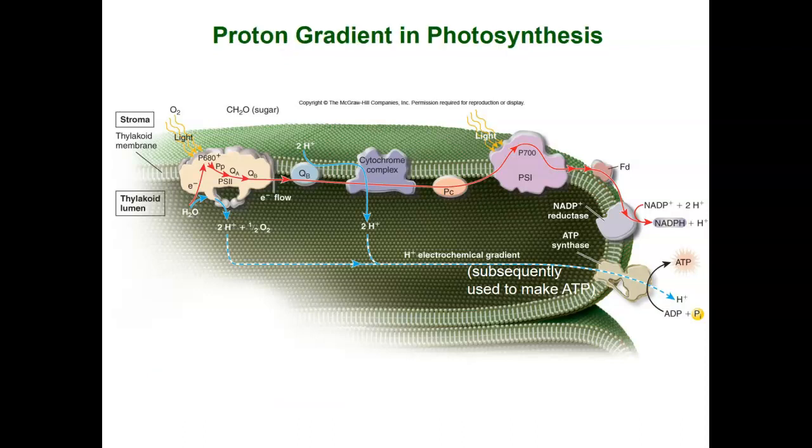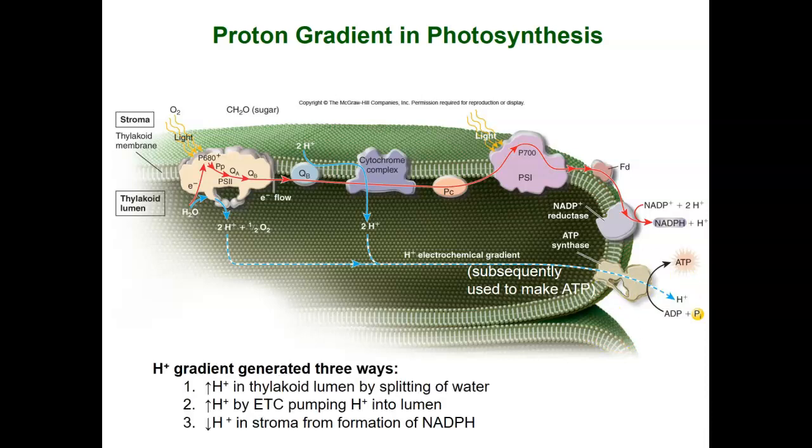Lastly, one more thing you should be able to describe on your own is how is it that we are creating that proton gradient so that we can make the ATP. There's 3 different mechanisms. The first is an increase in the H+ concentration when that water is getting split. This is the photolysis. So here you see an increase in the H+ concentration.